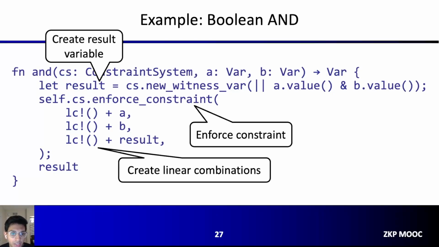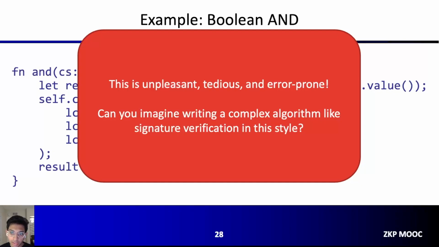Okay, so this is not too complex, but it's a lot of boilerplate that you might not want to repeat every time. It can get tedious and error prone. And writing any complex algorithm, say such as signature verification, in this style would be quite a pain.